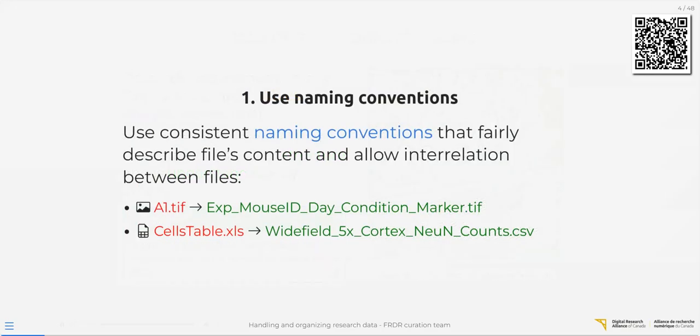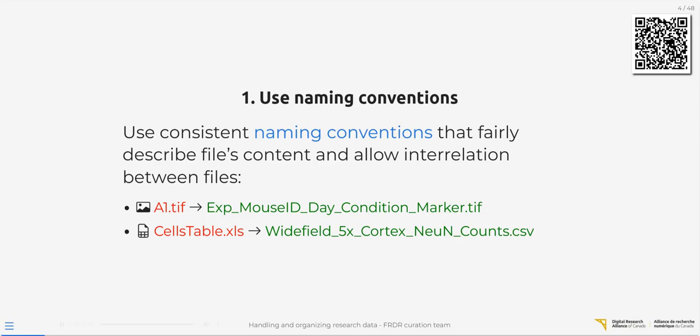The first step to making your data understandable is to use clear and consistent naming conventions. A good file name should fairly describe the file's content and make it easy to relate it to other files. For example, instead of naming a file something vague like a1.tiff, use a descriptive name containing analysis factors like experiment_mouse_date_condition_marker.tiff.